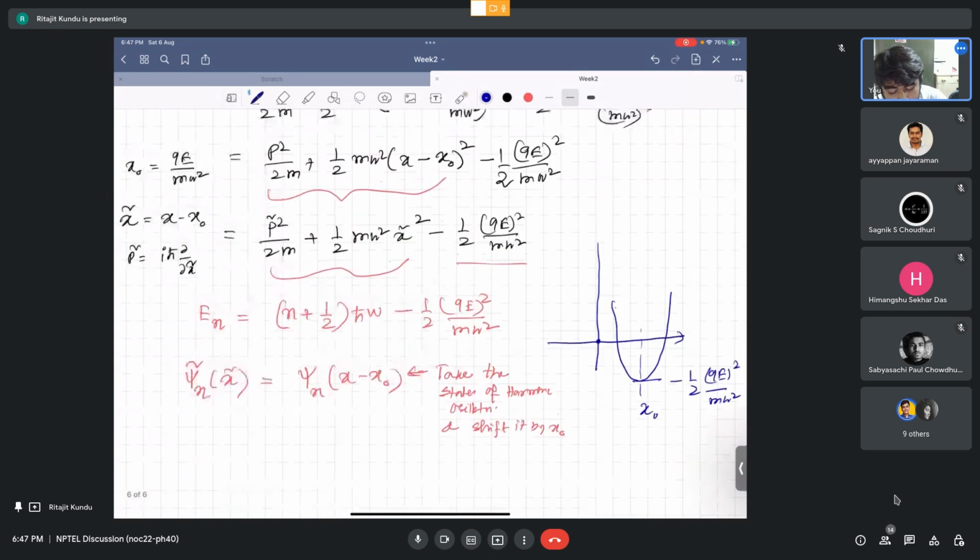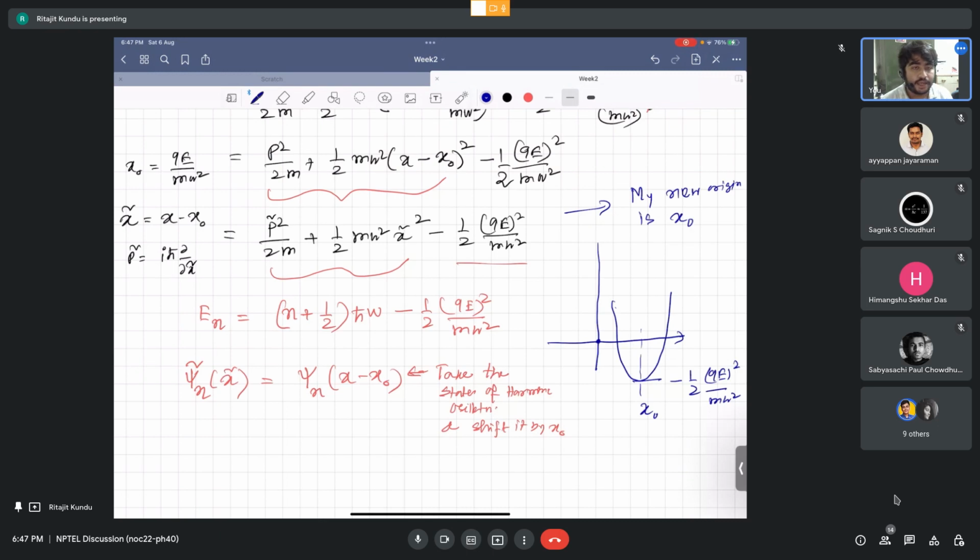So now in this problem, my new origin is x naught. So you see that if my x is equal to x naught, then only there is this minima.